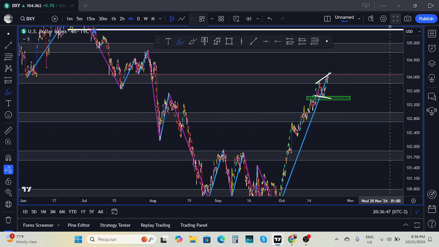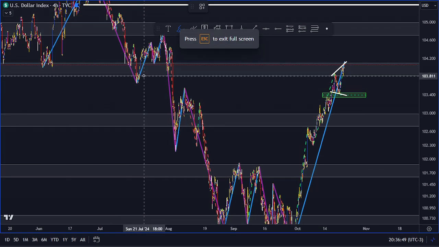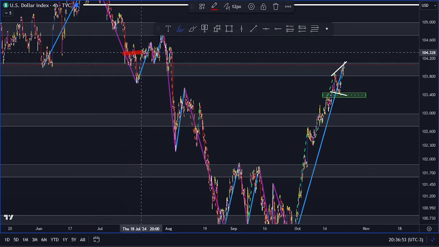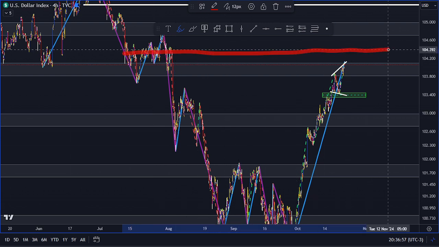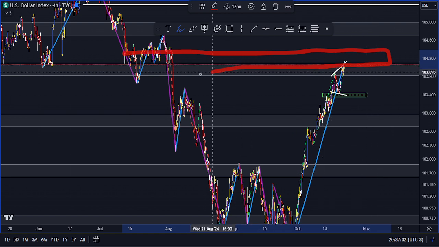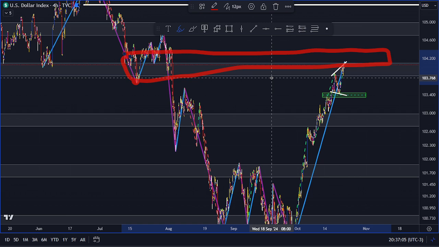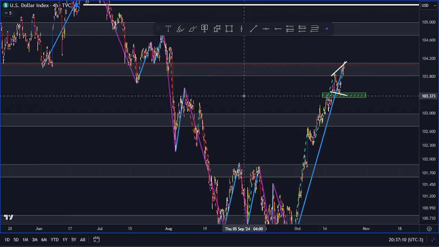Okay, I'm having an interruption. So we are at that area. All of this area from here, all the way down to this level, is past resistance on the 4-hour time frame.